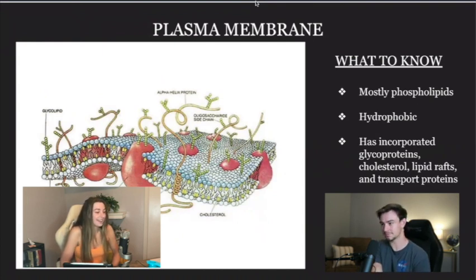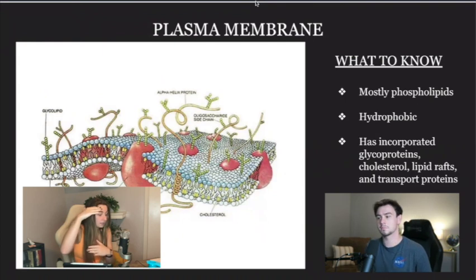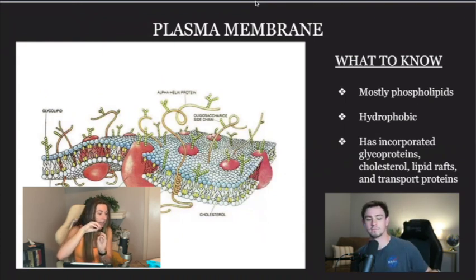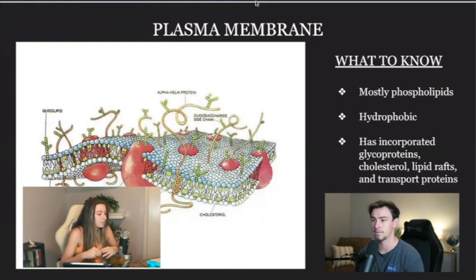All right. And then for phospholipids, you hear about the phospholipid bilayer, which is the idea that the phosphate heads of the phospholipids are on either side of the plasma membrane, and the lipid tails point towards each other on the inside. A highly tested thing, I feel like, of the plasma membrane is hydrophobicity, and the fact that hydrophobic molecules can pass straight through the plasma membrane.